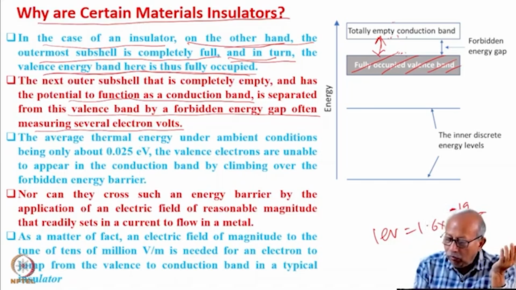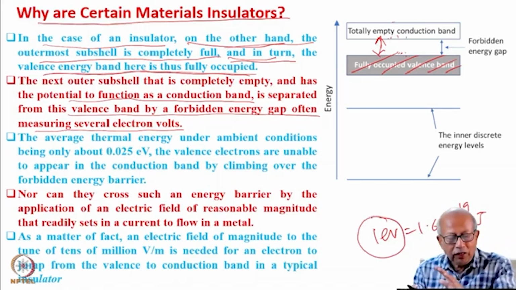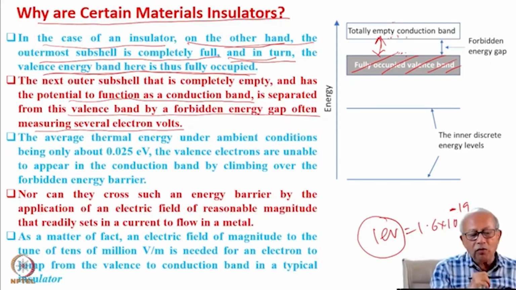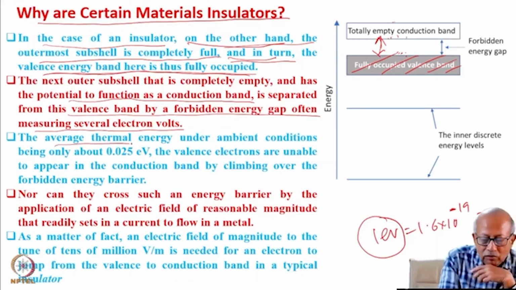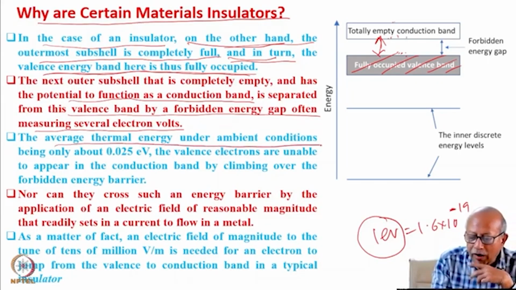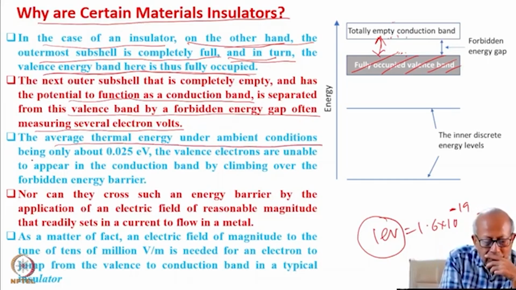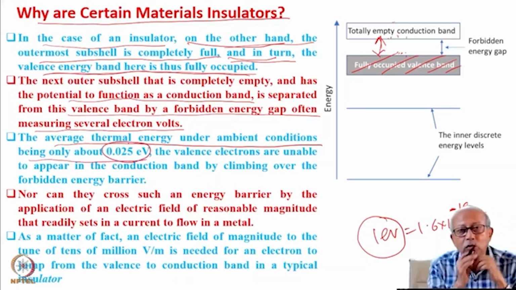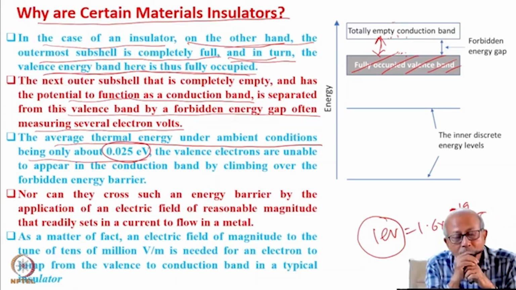Now, we will have an idea of an electron volt if we consider it in terms of thermal energy. You see, the average thermal energy under ambient conditions is only about 0.025 electron volt.